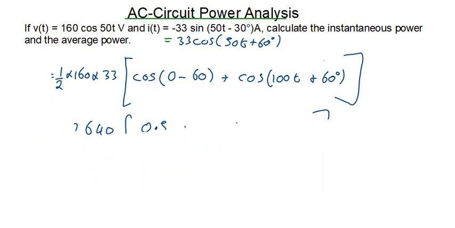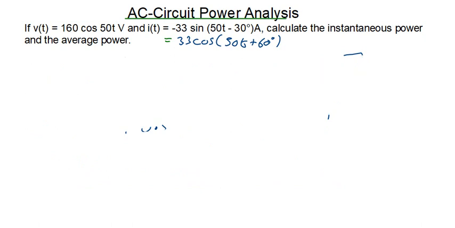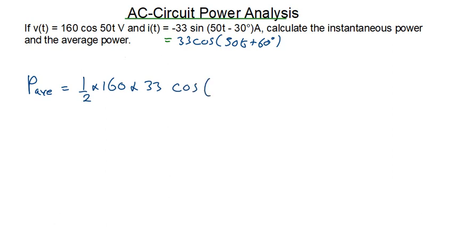Now let's try to come up with the average power. For the average power, I will say P average is equal to 1 over 2 times V max, which is 160, times I max, which is 33, multiplied by cos of the phase angle for the voltage minus the phase angle for the current, which we found as negative 60.